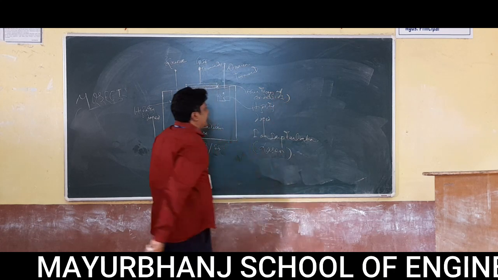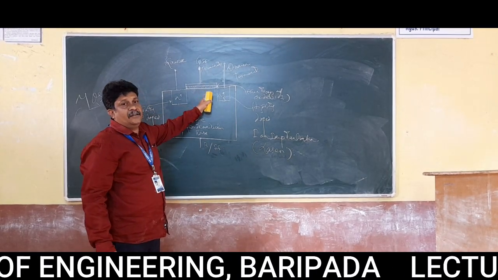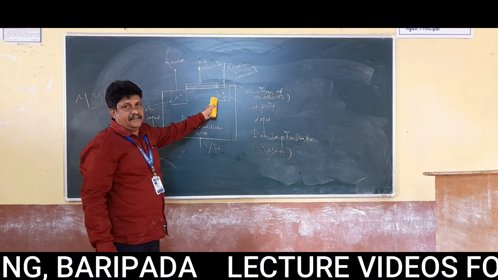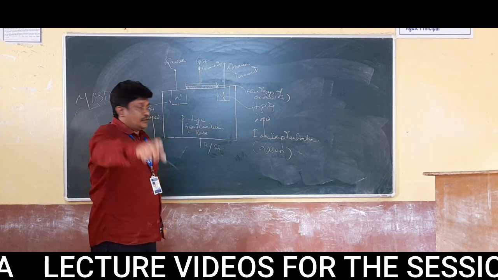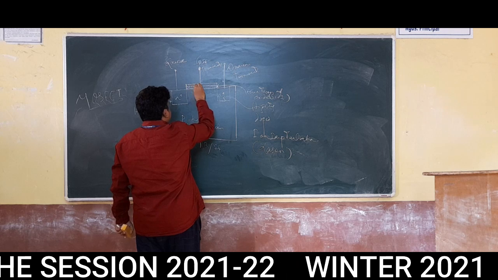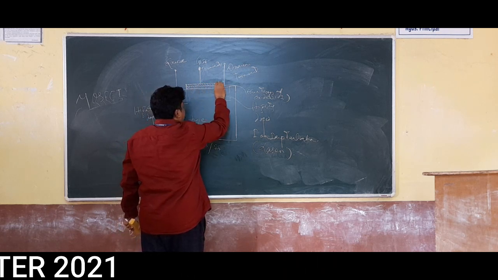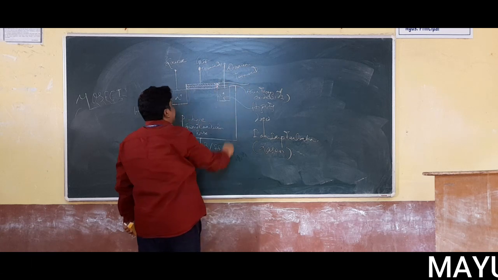Silicon dioxide. That oxide is known as silicon dioxide. Clear? So what is the upper layer over that silicon dioxide? Now this is known as polysilicon.